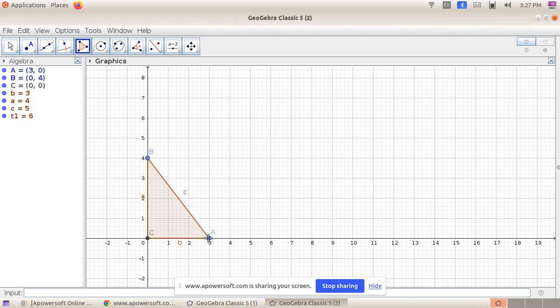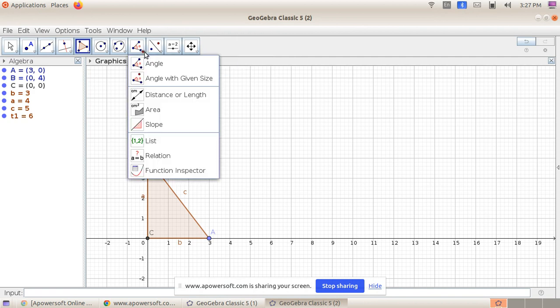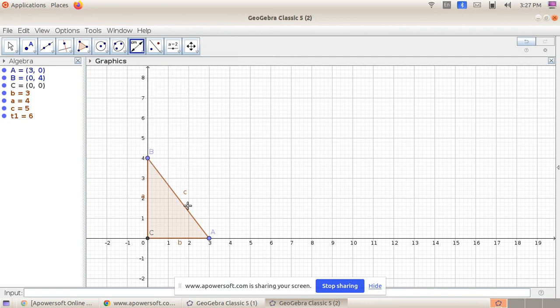Okay, for this, first of all, I am going to measure these two sides. These two sides, that is distance or length. Here, the length of b is equal to 3, length of a is equal to 4.